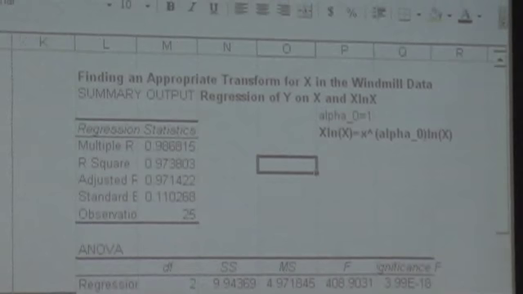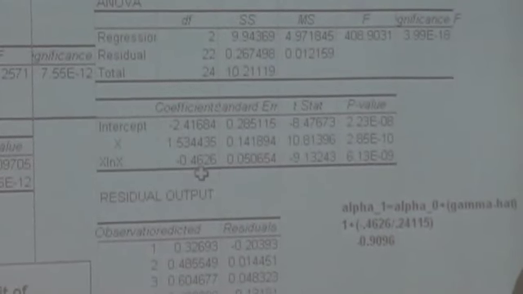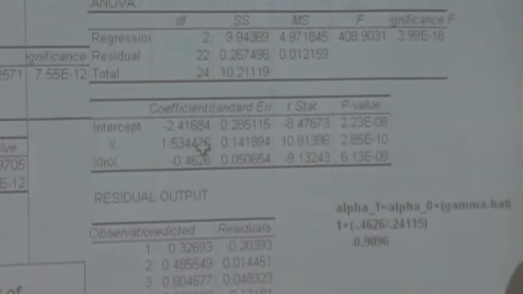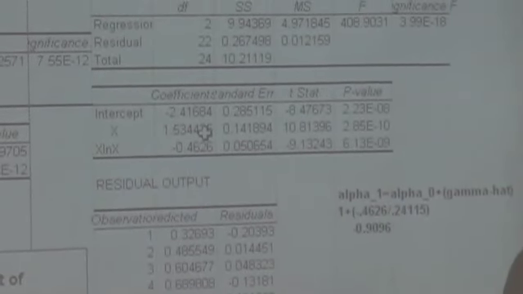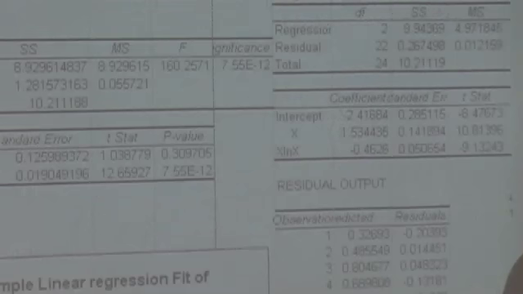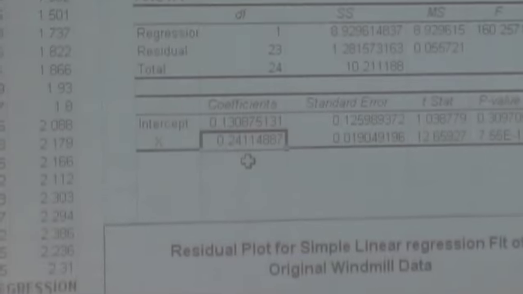Okay, so then I do the simple linear regression and I get my gamma hat is negative 4626. This is just some beta 1 hat, but it's not the beta sub 1 super 0 that I was talking about. Beta 1 super 0 is, well, here it is right here.